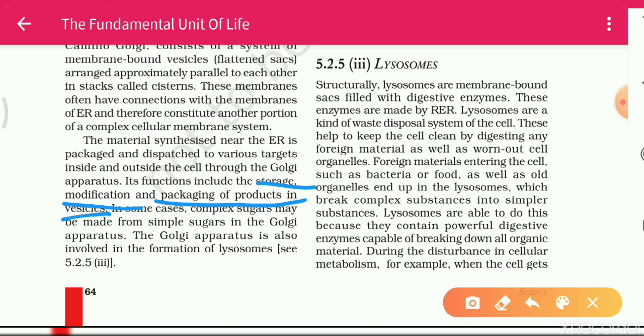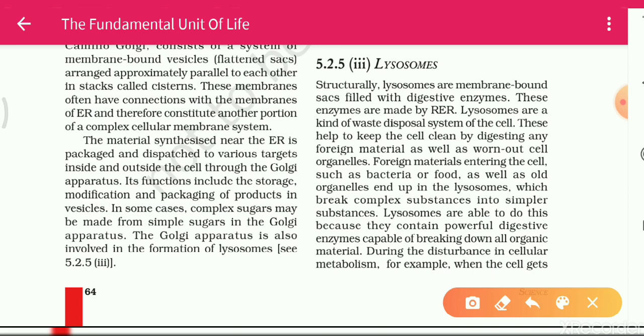Packaging of products in vesicles means they can store the food materials in these vesicles. In some cases, complex sugars may be made from the simple sugars in the Golgi apparatus.